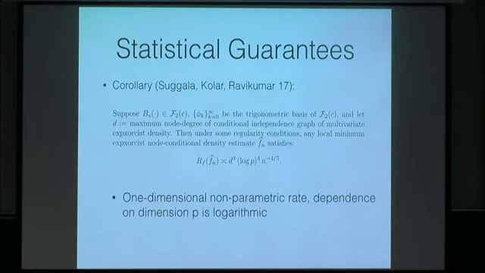Actually, it's logarithmic rather than even polynomial, except that if you think this d scales with the dimension, then it will be polynomial. And so this is what we have: a multivariate density estimation procedure that has a one-dimensional non-parametric rate, n to the minus 4 by 5 in this context, but you can also derive corollaries for other function spaces.